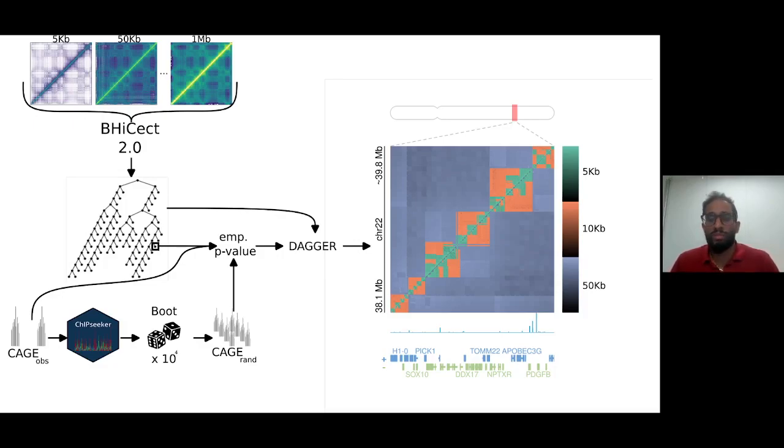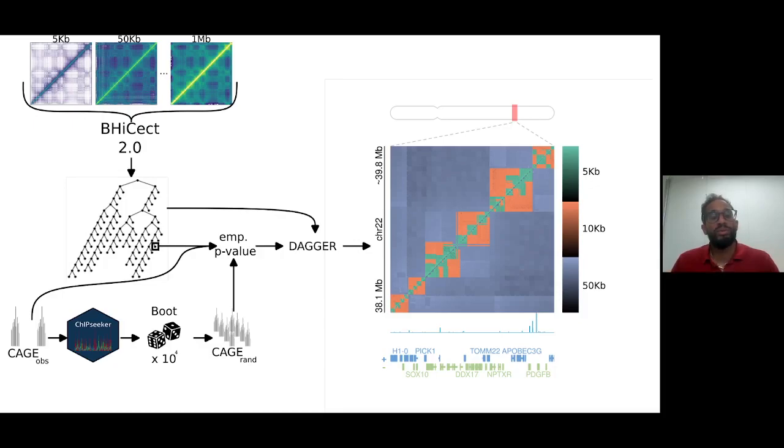And here the bootstrapping is somewhat more involved than simply shuffling the peak coordinates of the CAGE transcription start sites. We try to reflect in the shuffling of those peak coordinates the sort of positional bias that the CAGE peaks tend to have with respect to gene bodies, their tendency to be closer to promoters and avoid intergenic regions and such things.